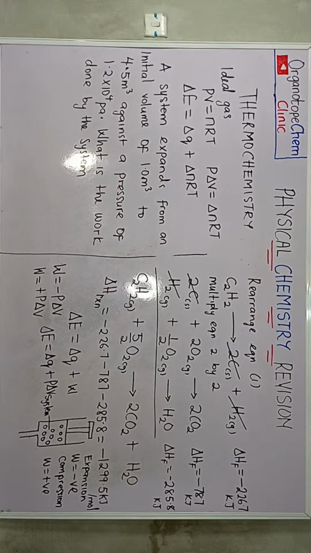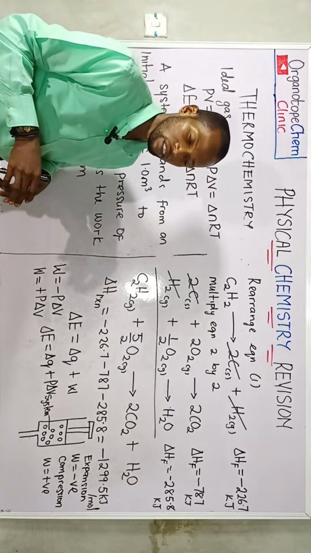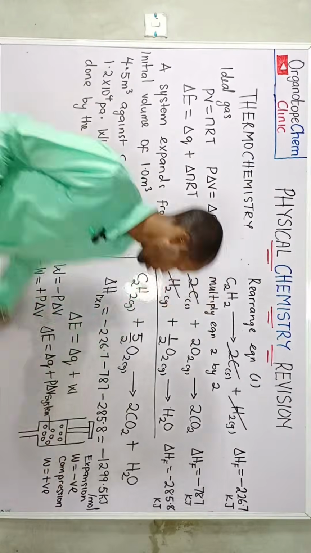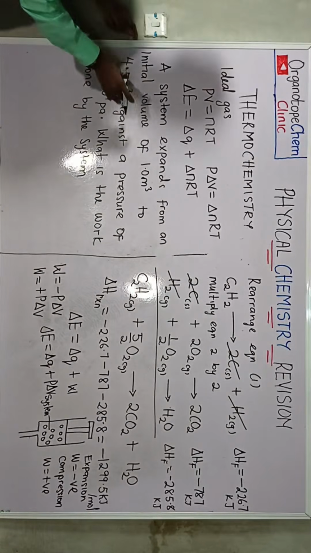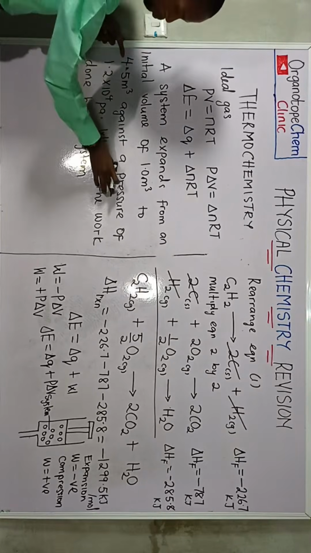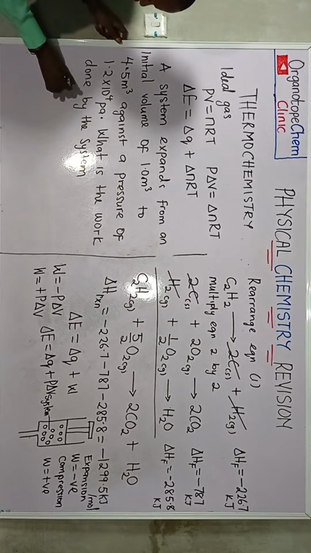Negative. So, work done by the system against the surrounding, that is expansion. So the work done is negative, right? We have change in volume and we were given the pressure exerted. So which formula is suitable?